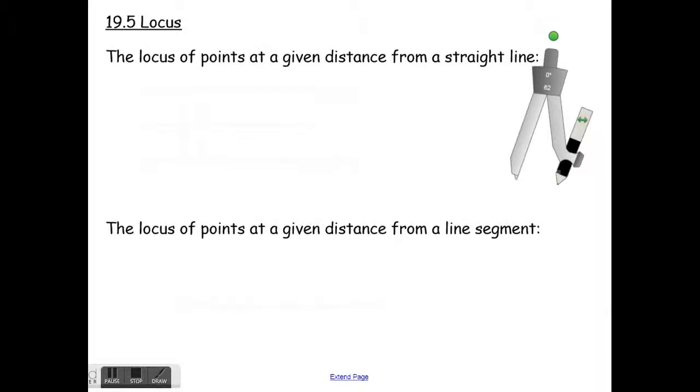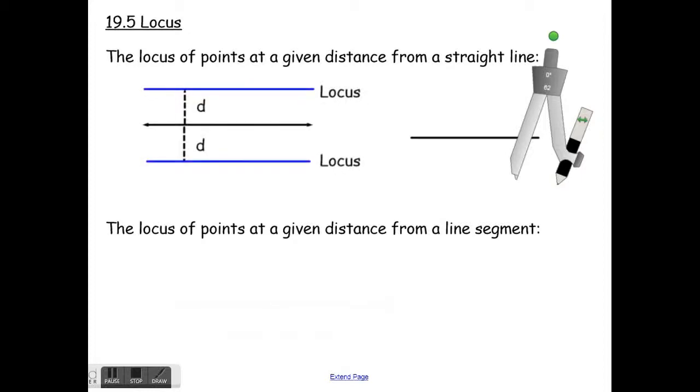So the locus of points at a given distance from a straight line. So this one, I don't need the compass for, but if we have just a straight line, any straight line really, this is the locus of points that would be a certain distance, 1 centimeter, say, 2 centimeters, something like that, from this line. So it would look something like this. Right?